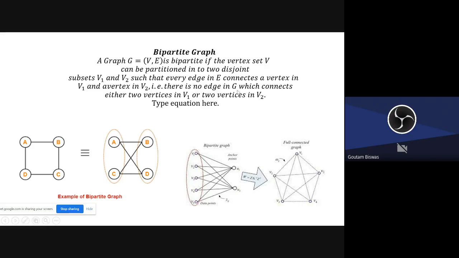There is no edge in G which connects two vertices in V1 or two vertices in V2. Now this is the bipartite graph. So the edge set connects a vertex in V1 and a vertex in V2.